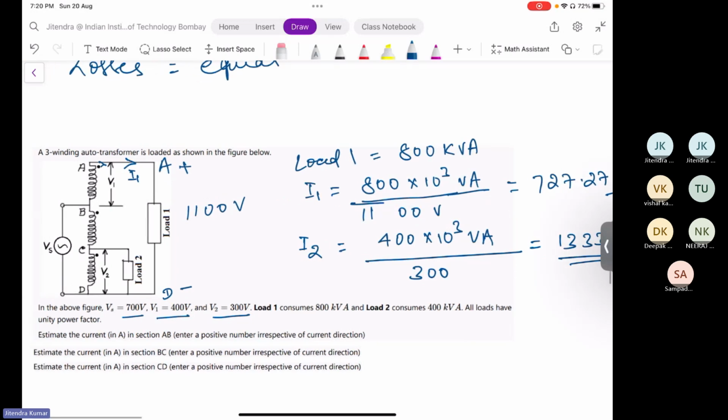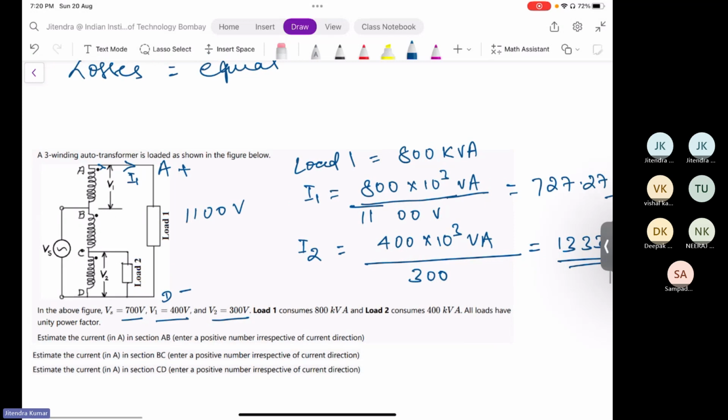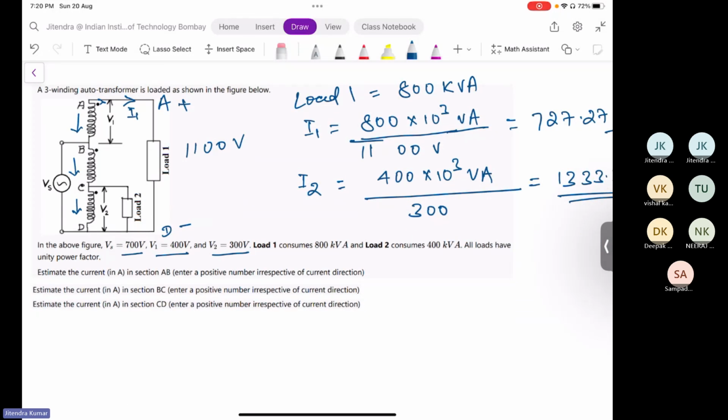Okay, so current is flowing in the AB winding. If you assume all currents are flowing in this direction, then IAB, because the current enters the positive terminal of section AB, is nothing but minus I1, and that is minus 727.27 amps.